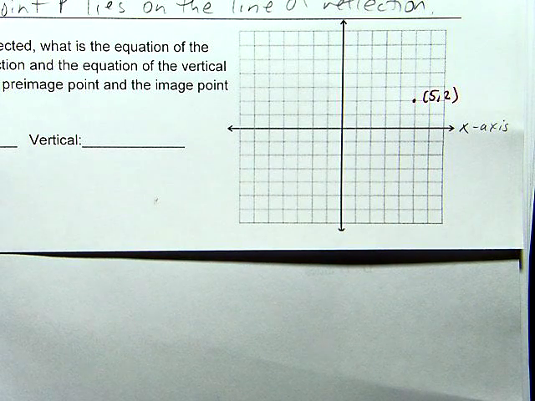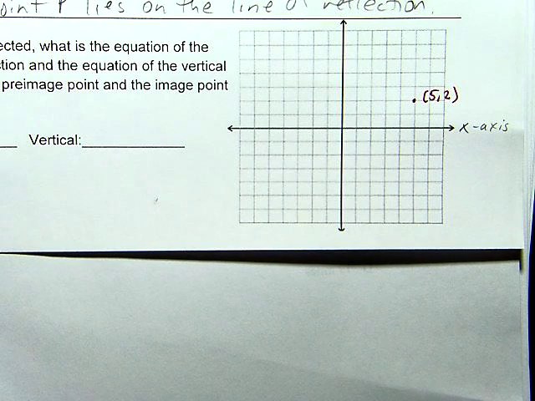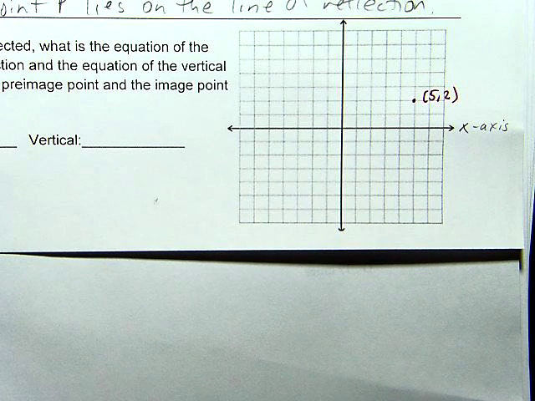Well, we answered in the last question that if the point lies on the line of reflection, then the pre-image and the image points are the same. So the answer to this question is to find a horizontal line that this point is on.